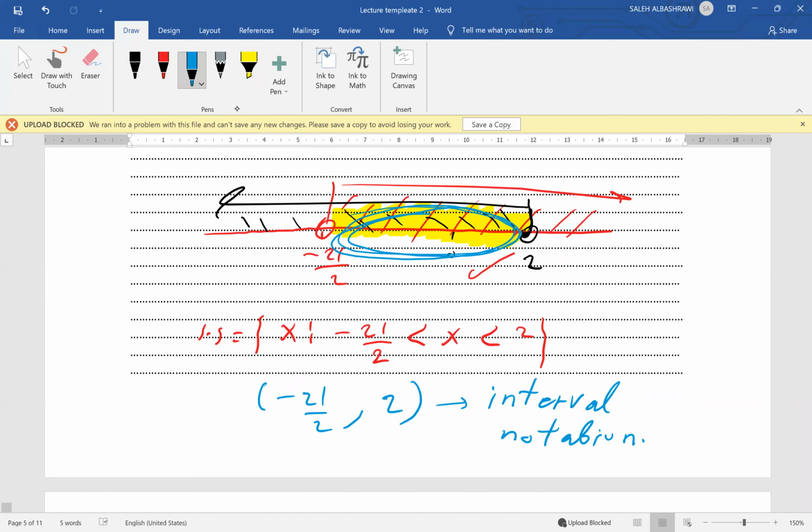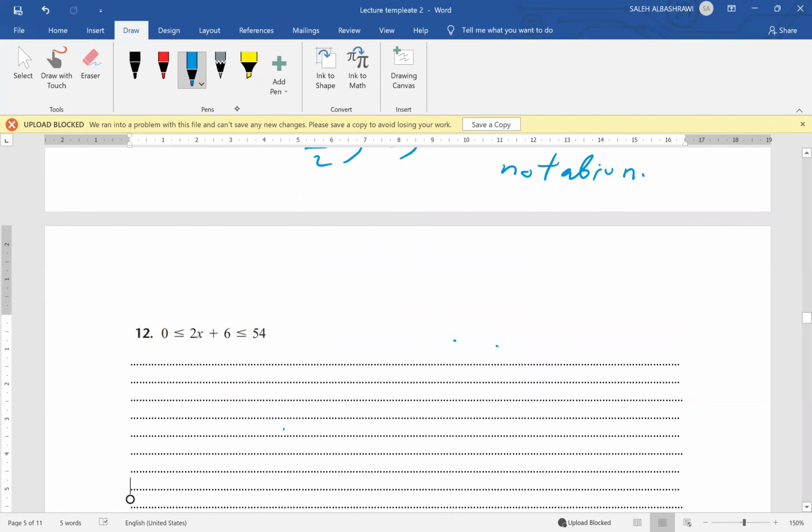Let's have another one. 0 less than or equal to 2x plus 6 less than or equal to 54. This is a compound inequality also. This means I can write it as two inequalities: 0 less than or equal to 2x plus 6, and 2x plus 6 less than or equal to 54.